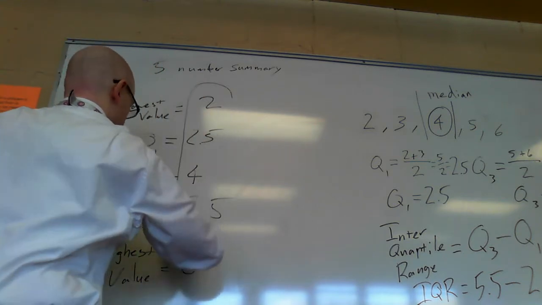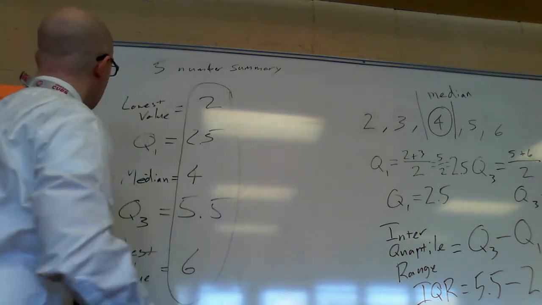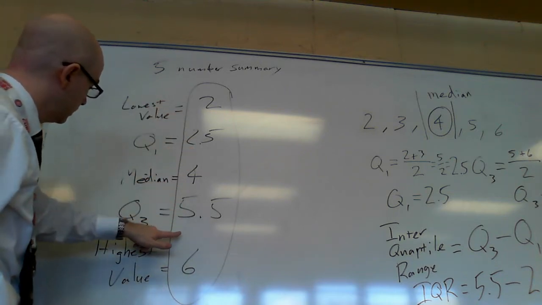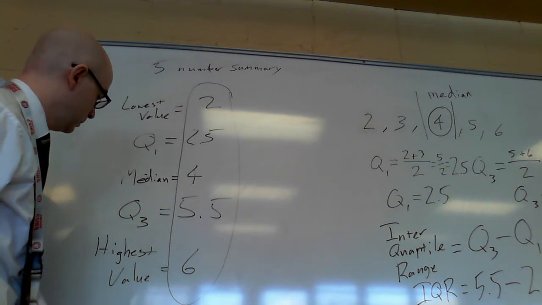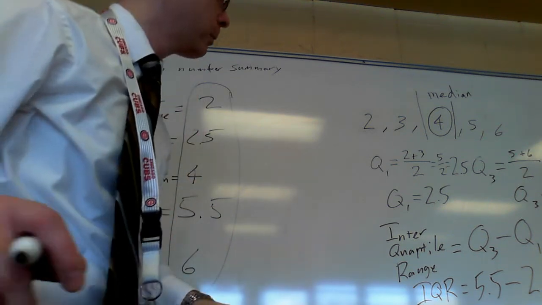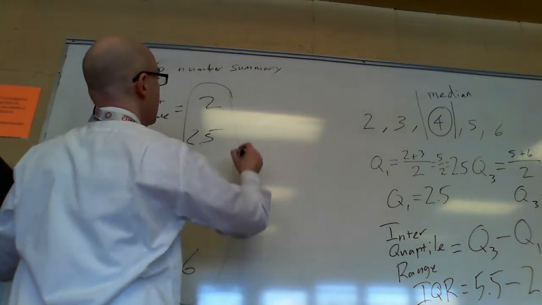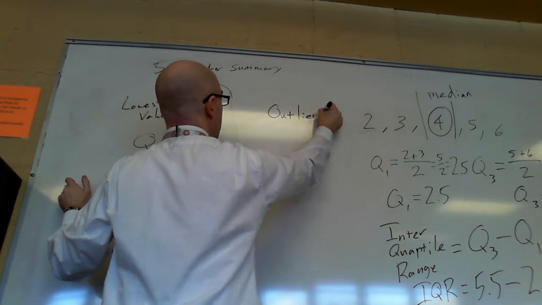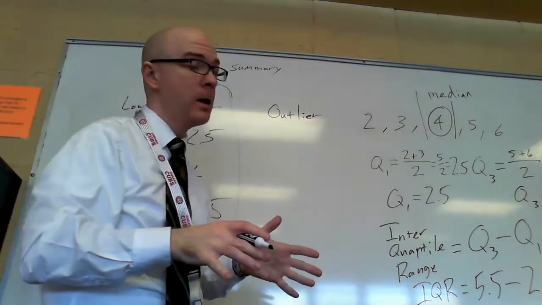So these 5 numbers here, your lowest value, quartile 1, median, quartile 3, and highest value, all form your 5-number summary. There's one more thing that we're going to look at here, and that is outliers.